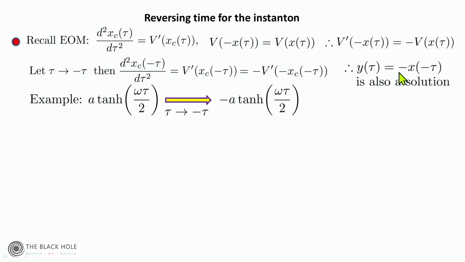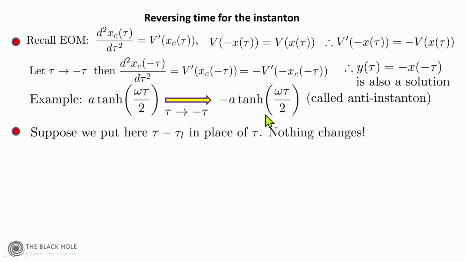So if I was to put t, okay, see what happens over here. If I put t going to minus t, then the hyperbolic tan becomes this. Suppose I go to minus t equals infinity, then this becomes plus a, and then plus a goes to minus a as t increases. So that's the instanton.